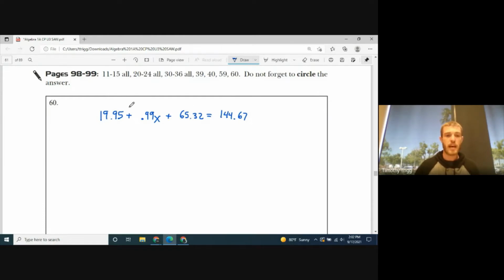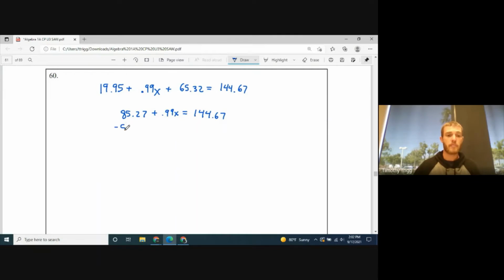Just adding those together, that gives us 85.27. Plus we have the 0.99x equals, and then on the other side we have 144.67. Now we're going to get rid of this 85.27 by subtracting it on both sides of the equation.